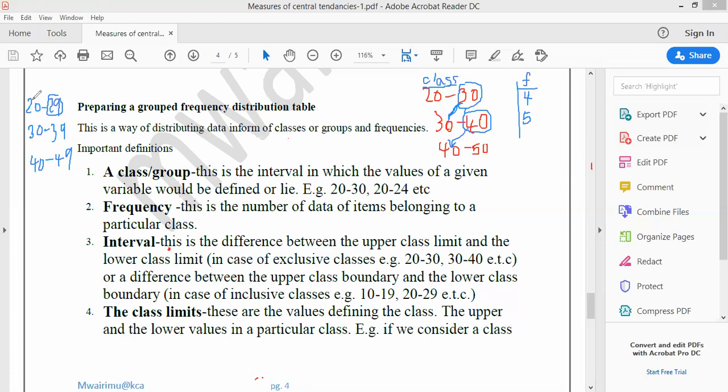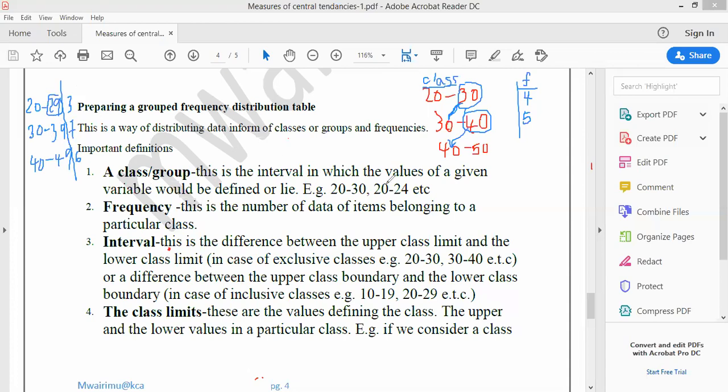So you'll count all the values ranging between 20 and 29, the two sides being inclusive in the class, and then you can assign a value. Let's assume the frequency of the first class is maybe 3, the frequency of the next class maybe 7, the frequency of the last class, let's assume it's 6. So you keep on counting depending on how many data points fall in each of our classes.